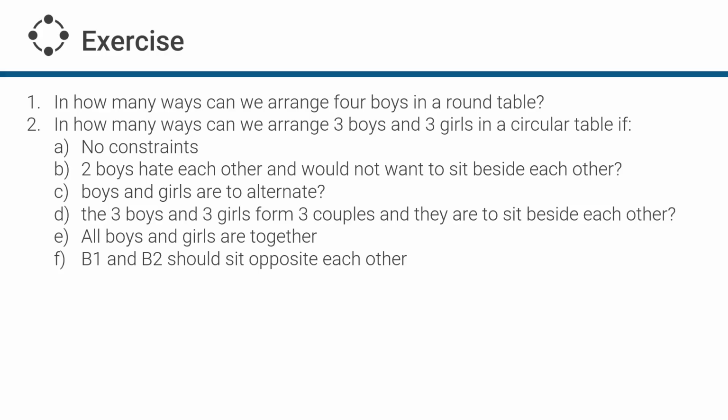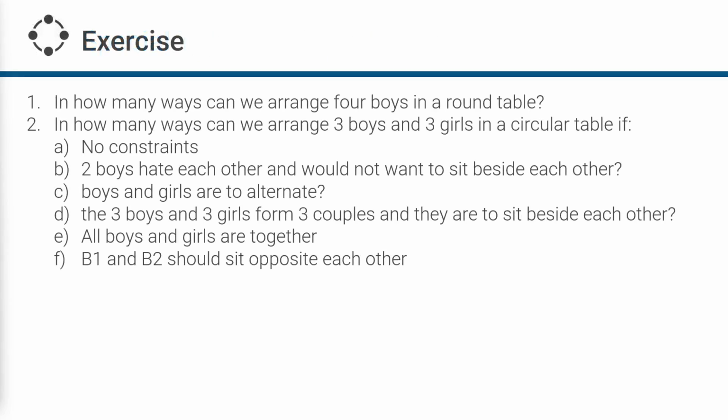For the first one, there are 4 boys arranged in a round table. In how many ways can we arrange it?